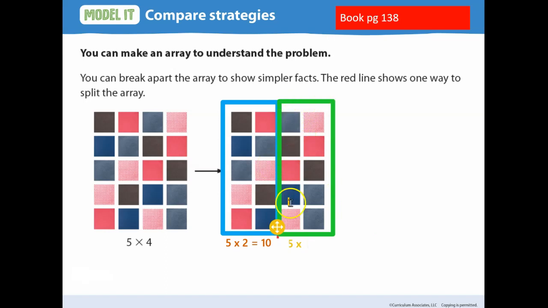I have 5 rows and only 2 columns, which also equals 10. Makes it a lot easier to add all those together. So if I have 5 times 2 is 10, 5 times 2 is 10, and then you just add 10 plus 10 equals 20. Just like that.